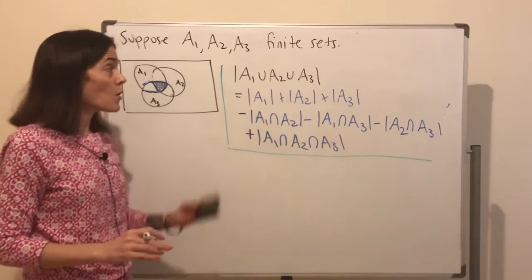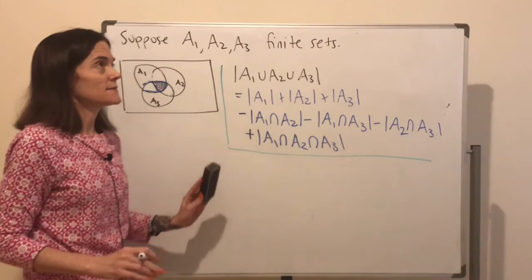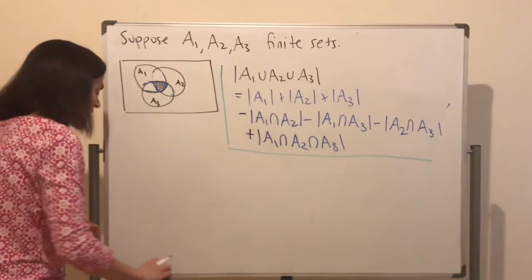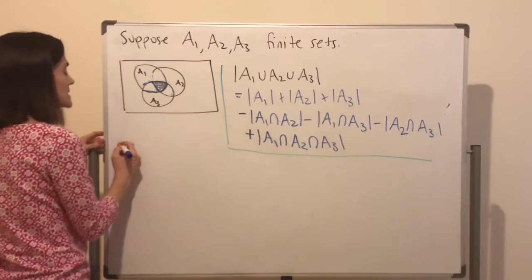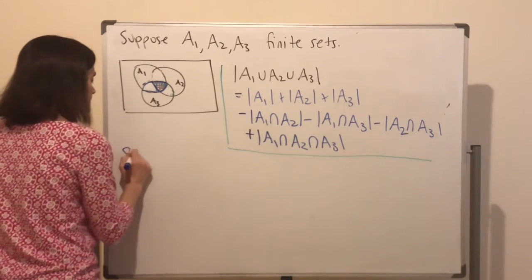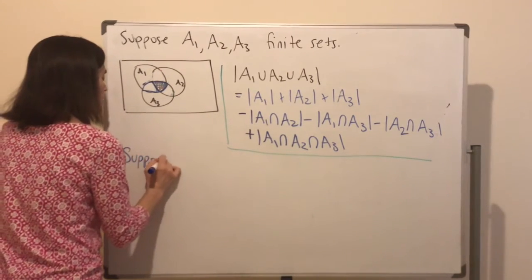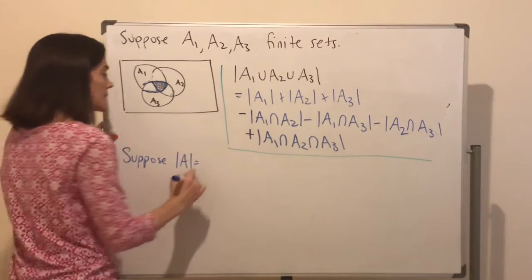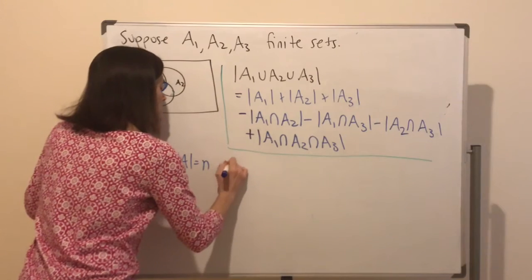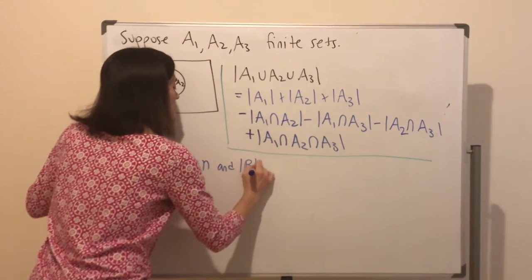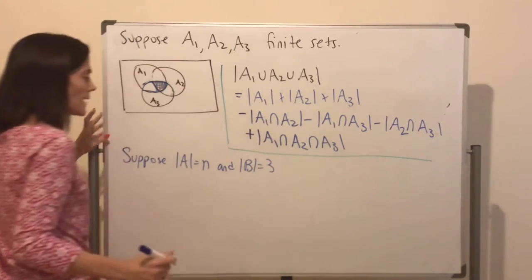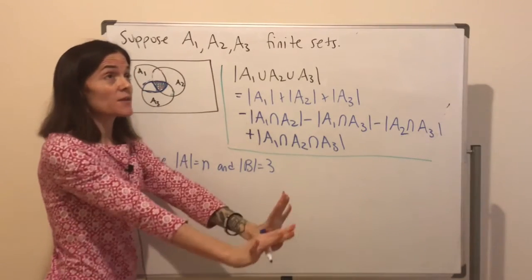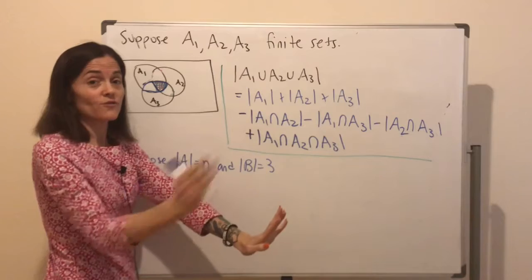I mentioned a big goal we are doing this is to count onto functions. So let's suppose the cardinality of A is n, and the cardinality of B is 3. And, well, we know that if n is less than 3, we have no onto functions, right?